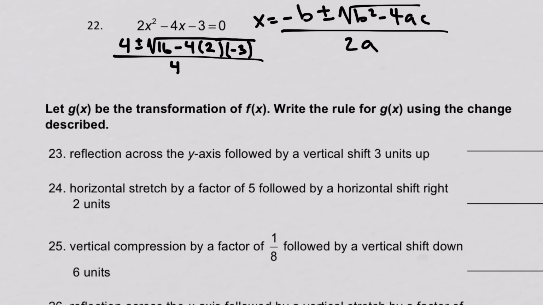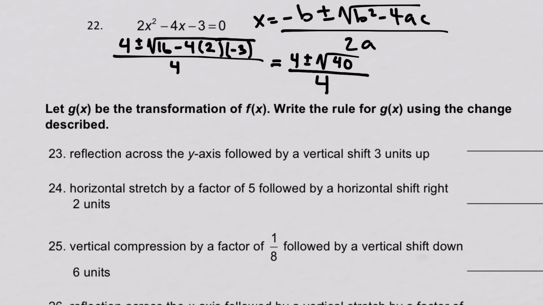Right, simplify the inside of this radical, so it's going to be 4 plus or minus the radical of 16, and then 4 times 2 times 3, that's 8 times 3, 24, 16 plus 24, which is 40. So it's radical 40 all over 4. 4 plus or minus radical 40 all over 4.